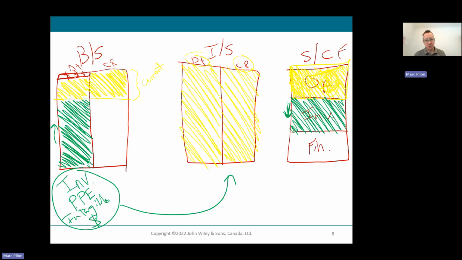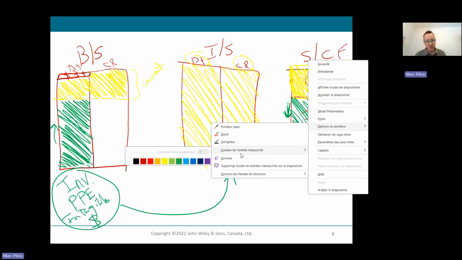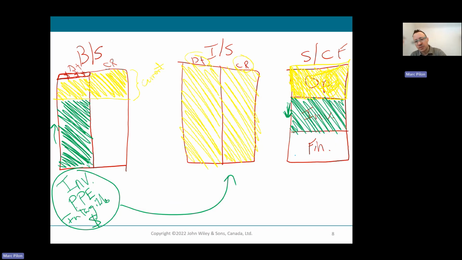And then finally, no surprise, financing activities. What do I have here? Blue would be good. So financing activities, last one. And then that would be non-current liabilities and equity. Okay.